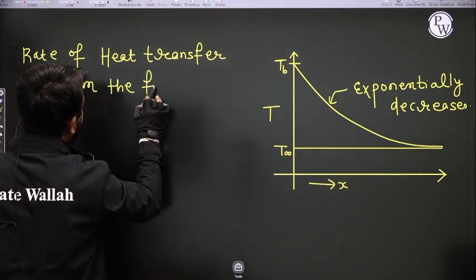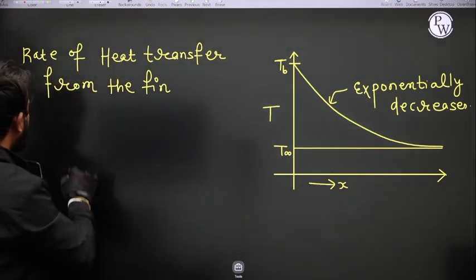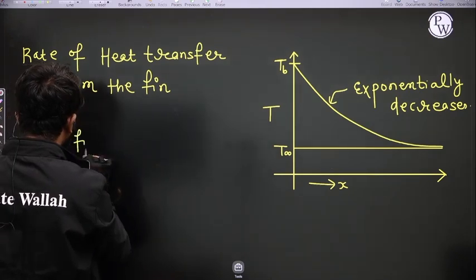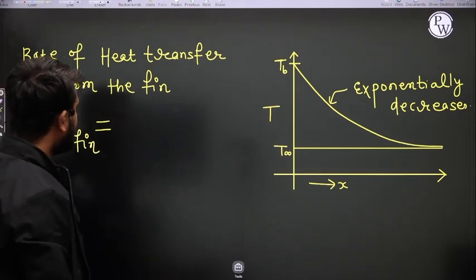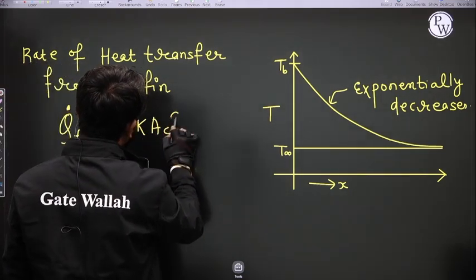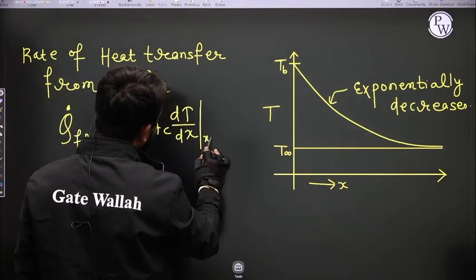The rate of heat transfer from the fin we can write in this manner. This is equal to the rate of conduction heat transfer at x is equal to 0.